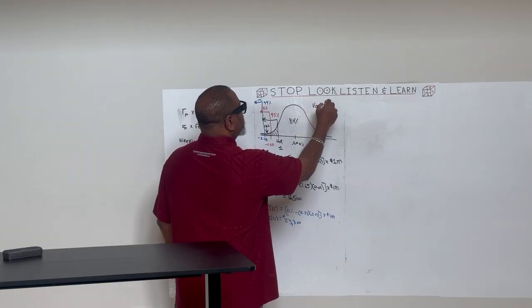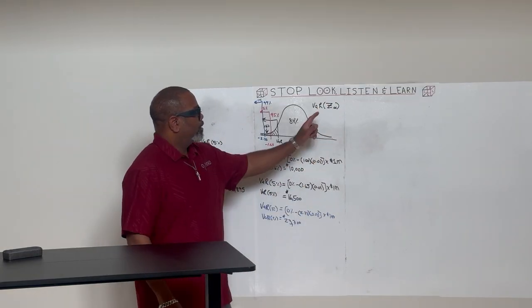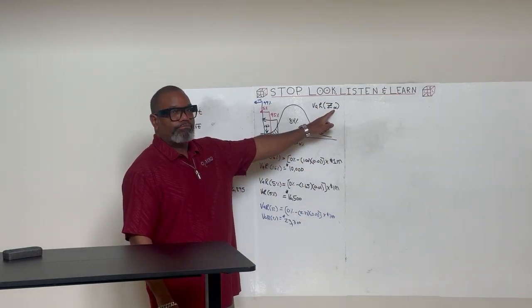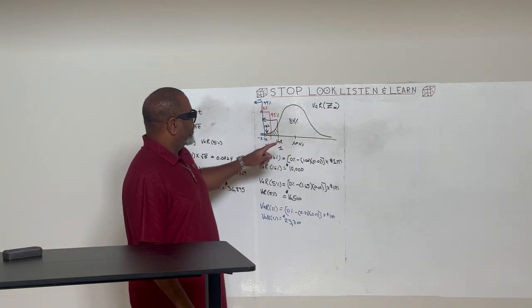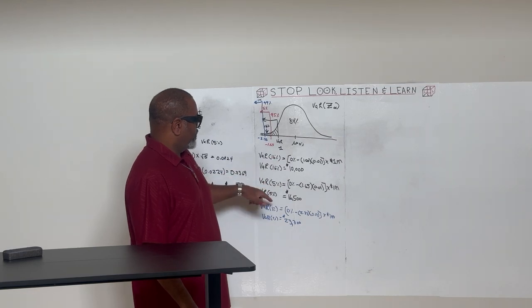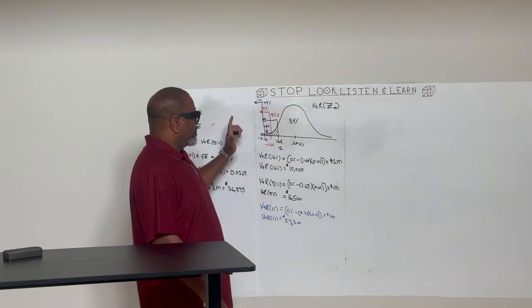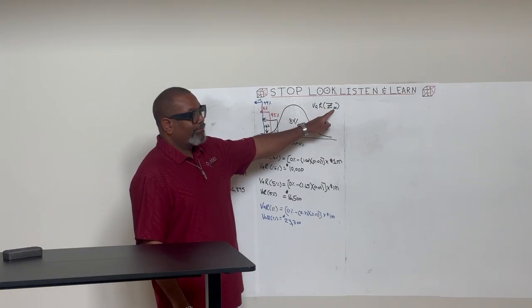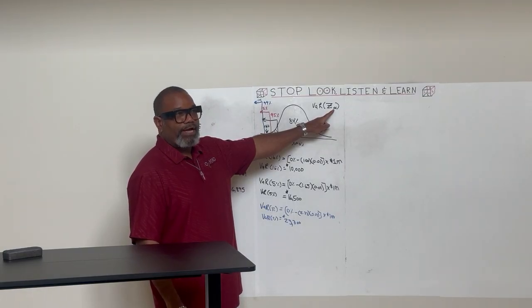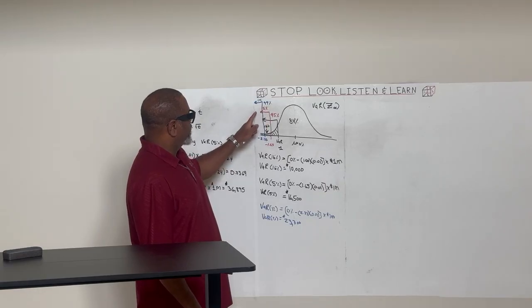VaR. Then I'm going to put z sub alpha, that's the z-score with the alpha, and alpha is the level of significance. So if you want a 1% VaR, then alpha would be the z-score when there's 1% to the left of the line. If the level of significance is 5%, then that would be the z-score when there is 5% of the potential returns to the left of the line.